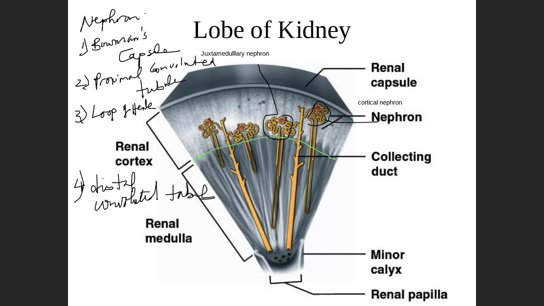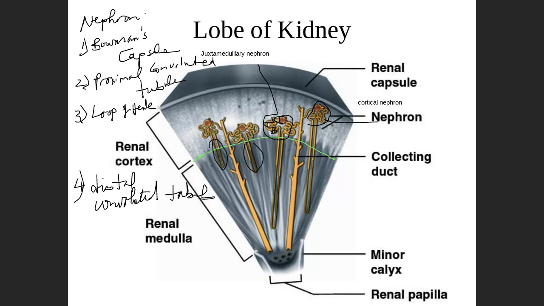And you can see there's this thing right here that looks sort of like a C. That's the Bowman's capsule. This little convoluted thing here is the proximal convoluted tubule. This right here is the loop of Henle.